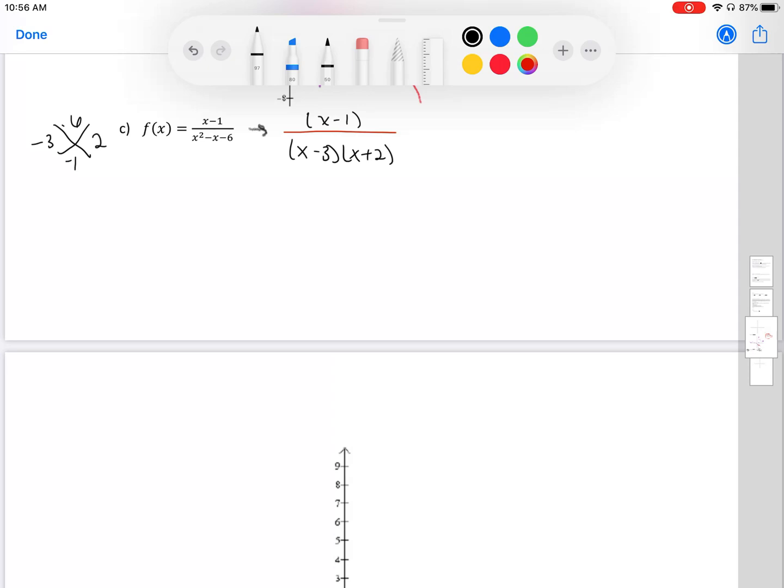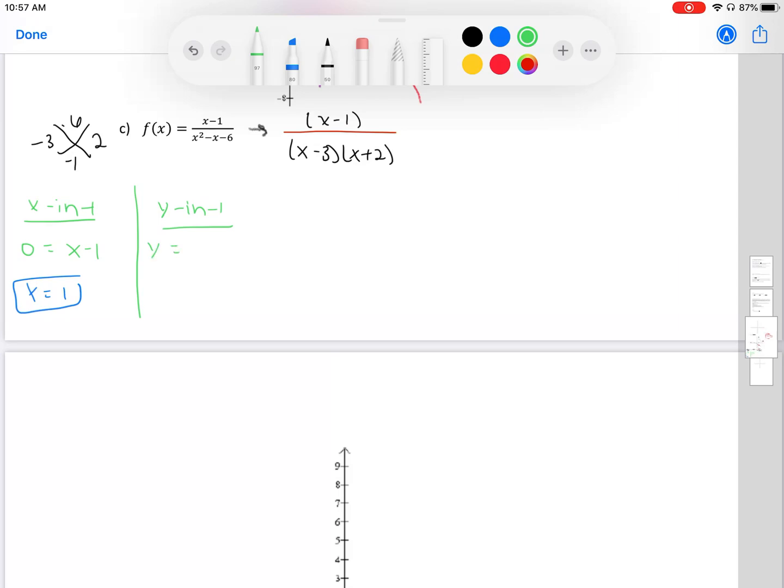So let's go ahead and find our x-intercepts, our y-intercepts, and our asymptotes. To find your x-intercept, you set your numerator equal to 0. So I have 0 is equal to x minus 1, you get x is equal to 1. To find your y-intercept, you set x equal to 0.